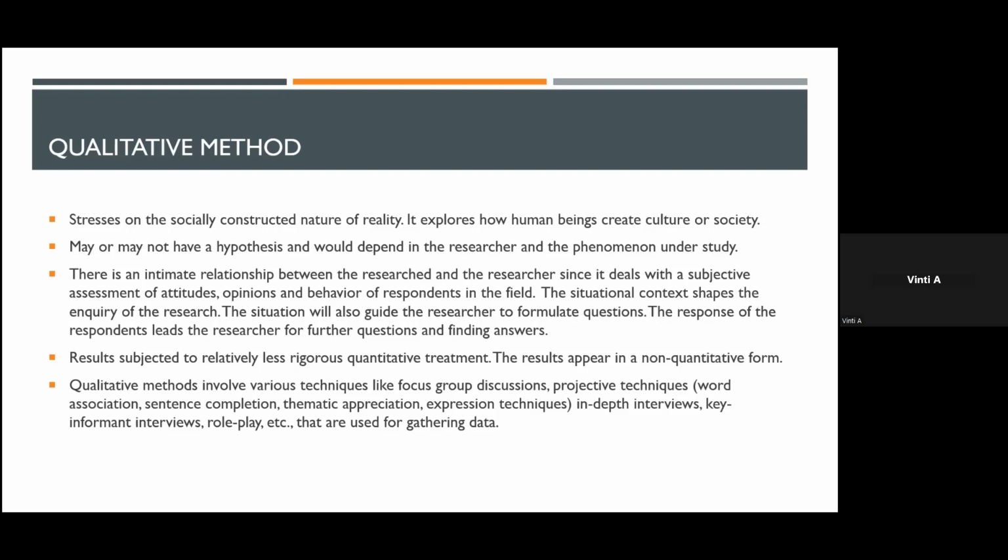An in-depth interview can be for anybody who has a reasonable knowledge, but a key informant is somebody who has really good knowledge of that particular subject. Then role play is where you put a person into that situation, ask the participant to imagine themselves in that situation, and then see how that person is going to react. What is it that comes to the fore?